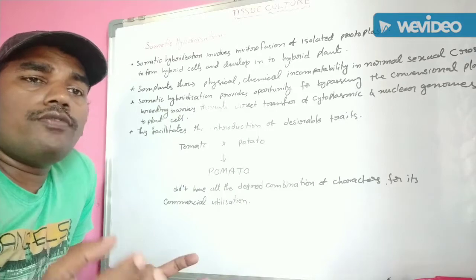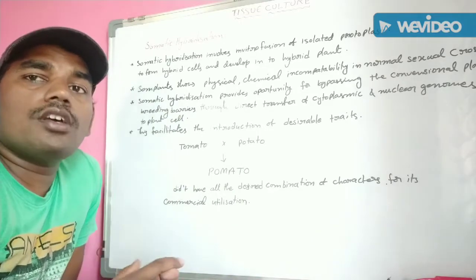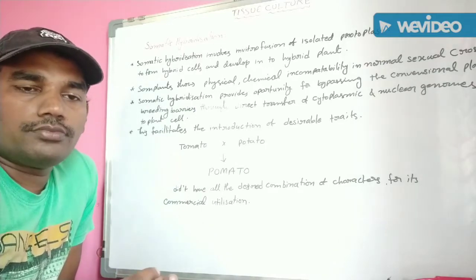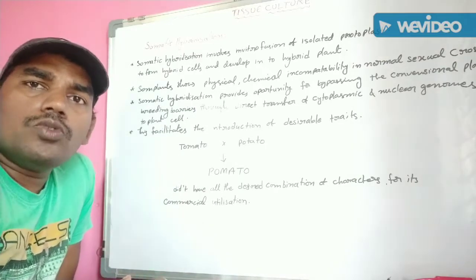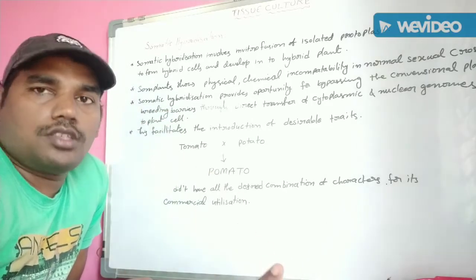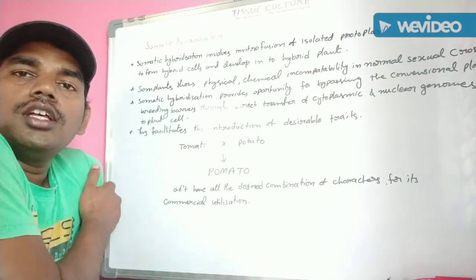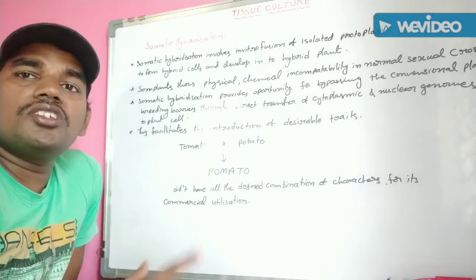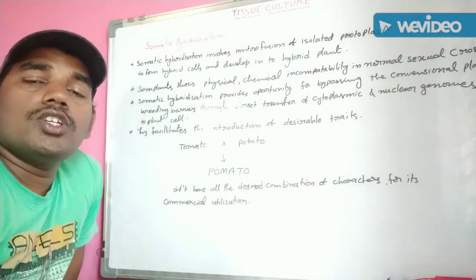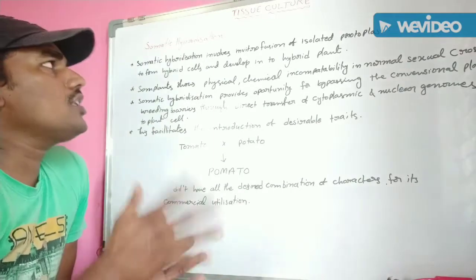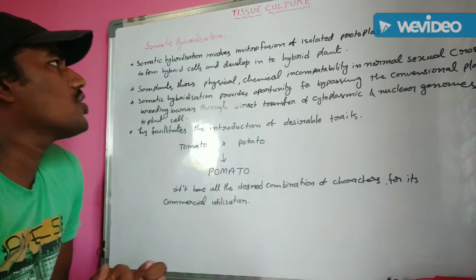Then you fuse protoplasts with different traits. Basically, sexual reproduction occurs within the same species. But somatic hybridization can be done between plants of various genera.